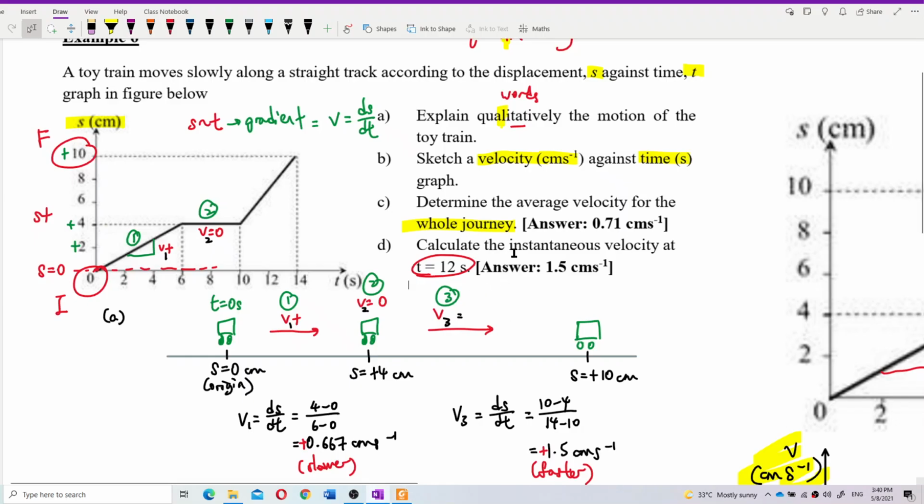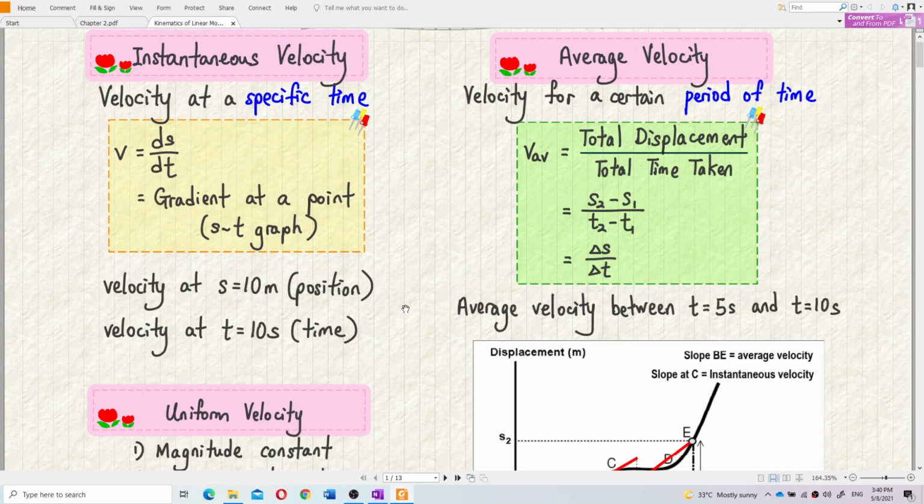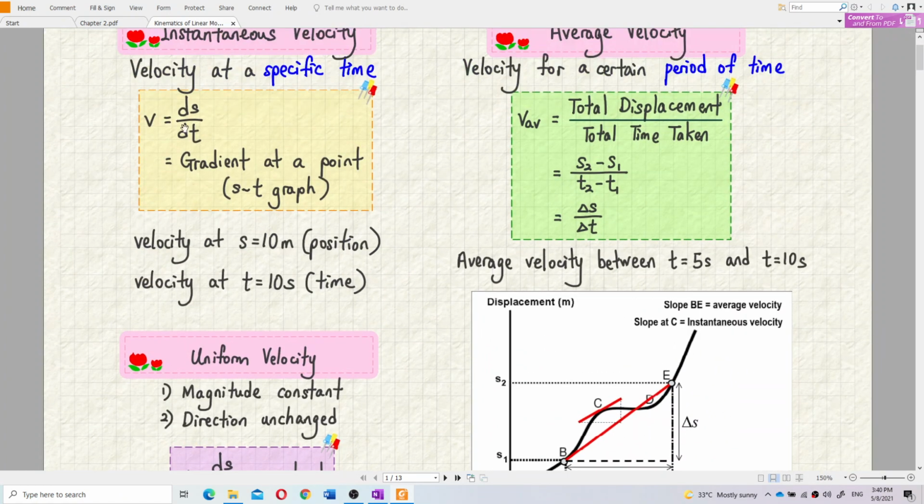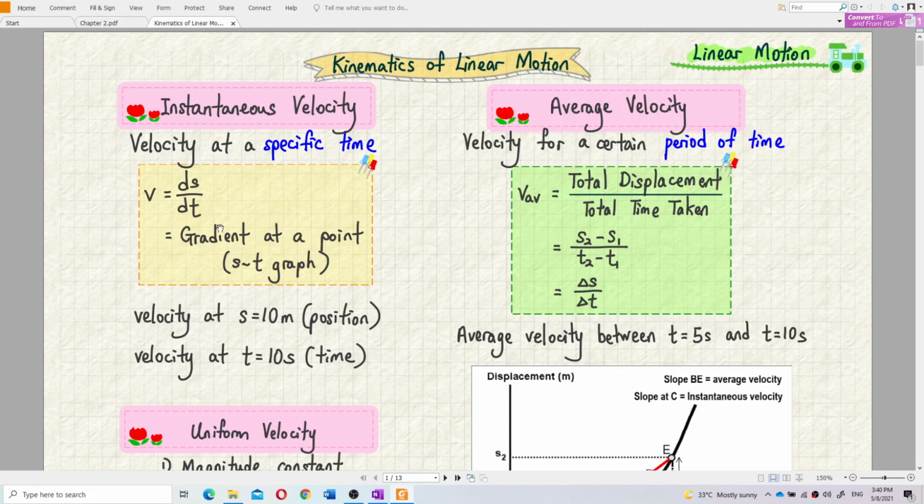So this one asks, what's the instantaneous velocity at 12 seconds? That means I want the velocity at 12 seconds, the velocity at this part. Velocity at this part is looking at the gradient of the graph. Still remember? The velocity at a specific time is the gradient at a certain point of the displacement time graph.